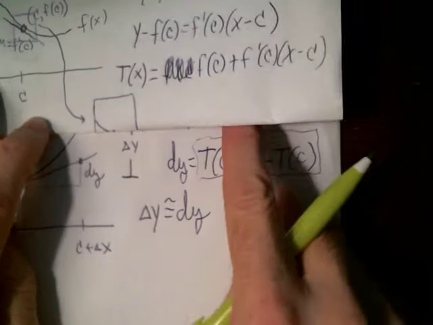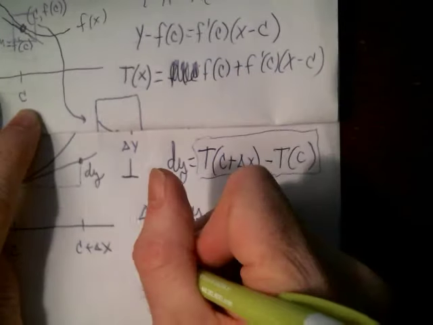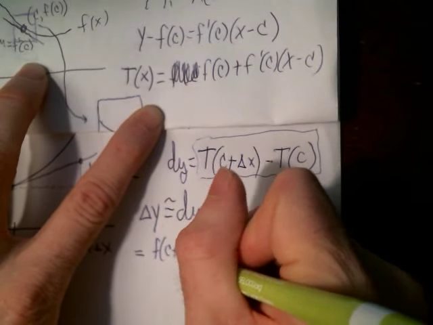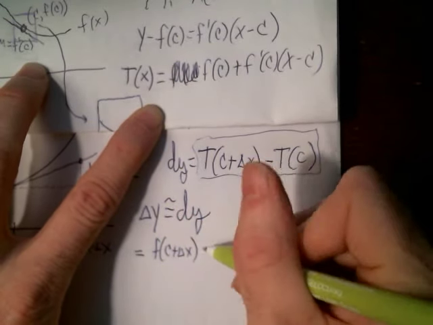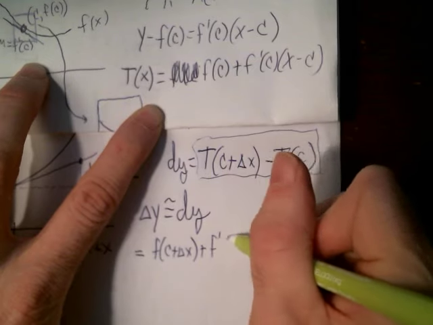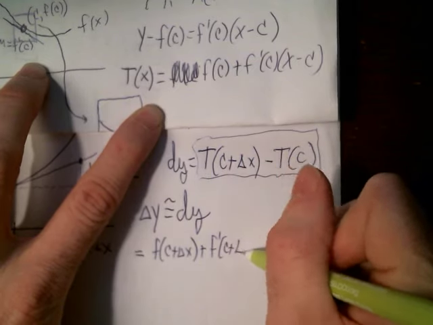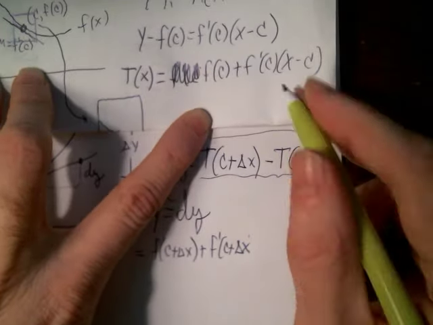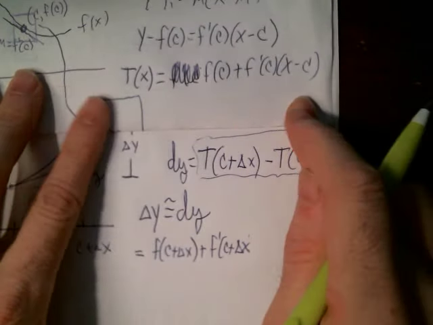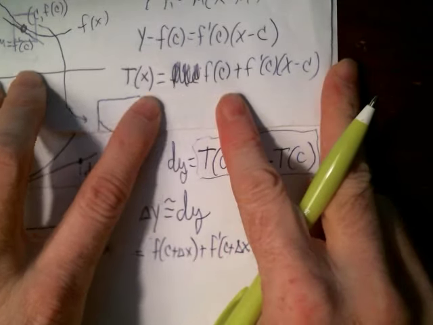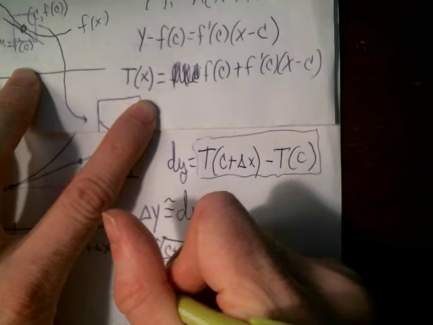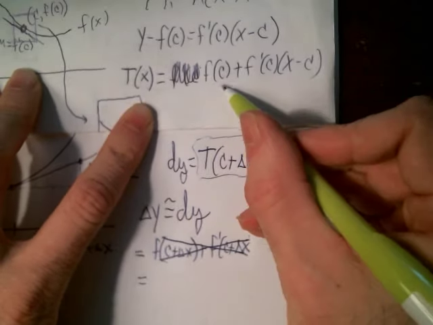So substituting this into here, what do we have? We have f of c plus change in x plus f prime of c plus change in x. Or rather, we don't want that, we're going to have our tangent line located at c. So let me strike that out, try again.